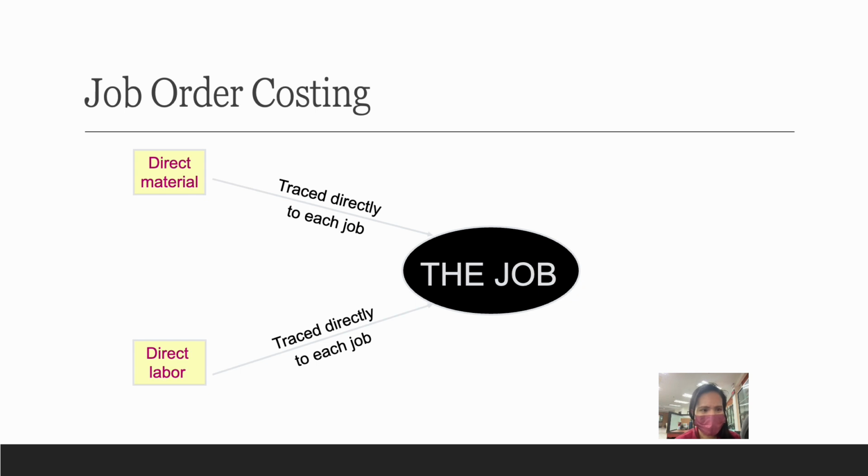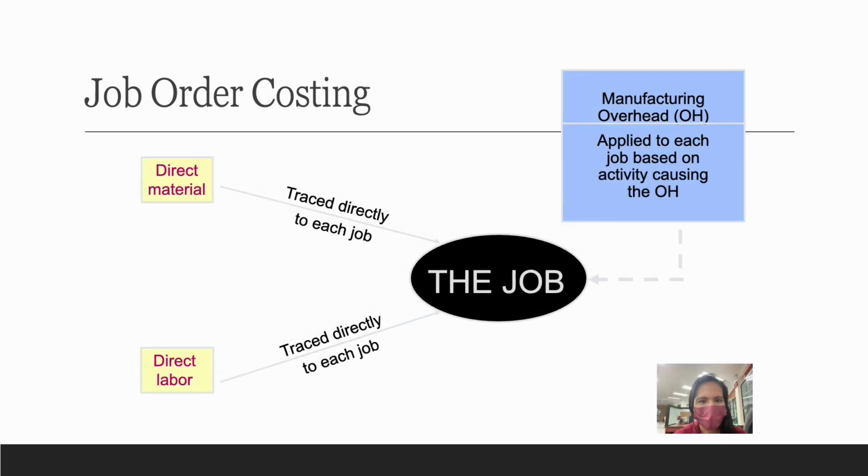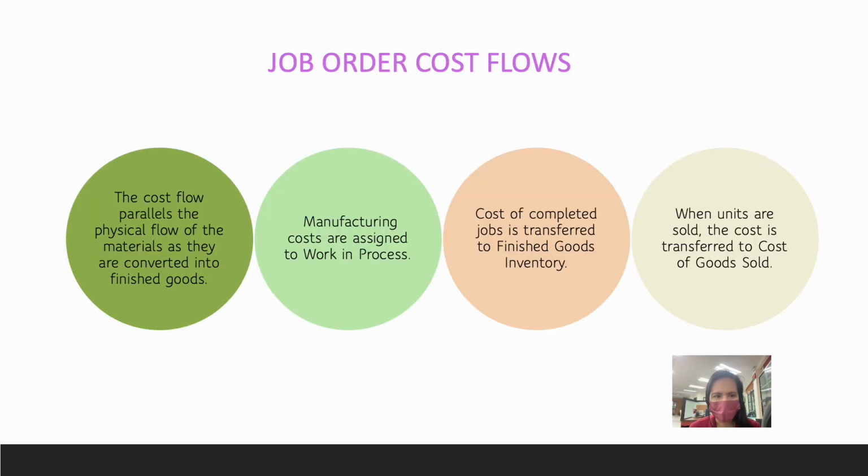In job order costing, direct materials and direct labor can be traced directly to each job. For the overhead, we just look for applied overhead, the predetermined overhead, based on the activity causing the overhead. It differs from our topic before, because the overhead here could be based on direct labor or based on the activity of that particular job.